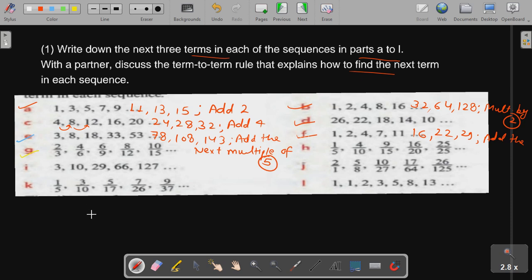G option: 2 by 3, 4 by 6, 6 by 9, 8 by 12, and 10 by 15.